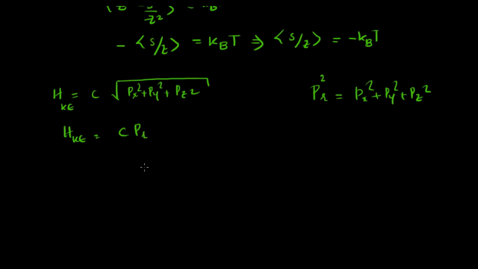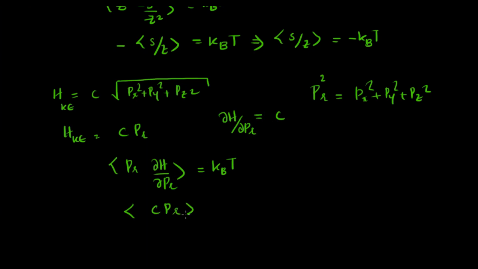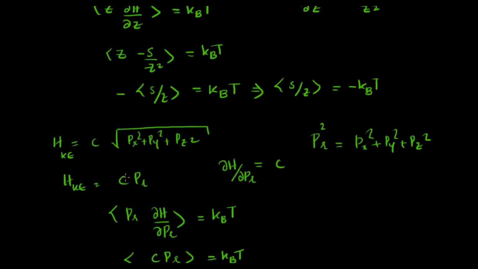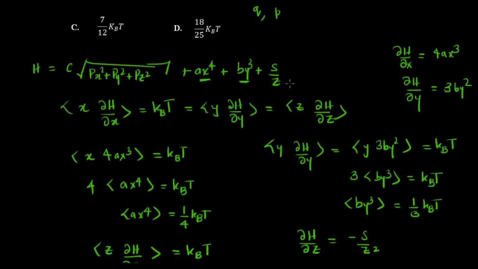I've already mentioned this method can be used for any canonical coordinates. So we can write p_r dH/dp_r is also equal to k_B T. The derivative dH/dp_r is c, so c times p_r itself is k_B T. So we have gotten all the values for the average energy, for the kinetic energy part as well as the potential energy part.